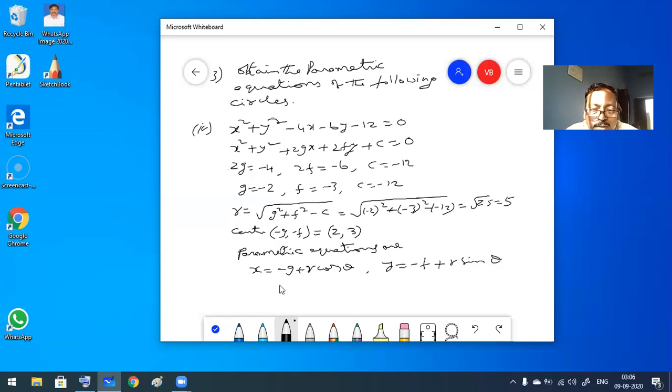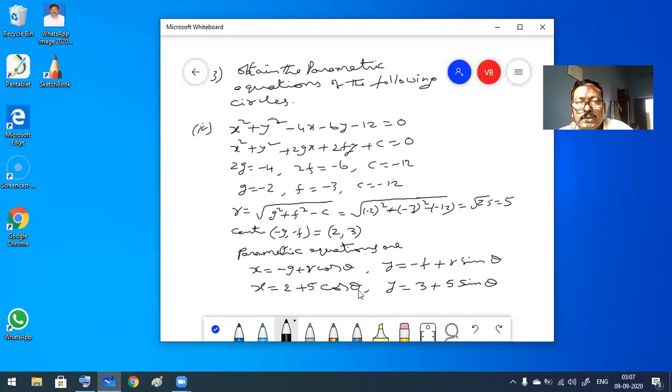So x is equal to minus g, here 2, plus the radius 5 cos theta, and y is equal to minus f, which is 3, plus the radius 5 sin theta. So these are the parametric equations of the circle.